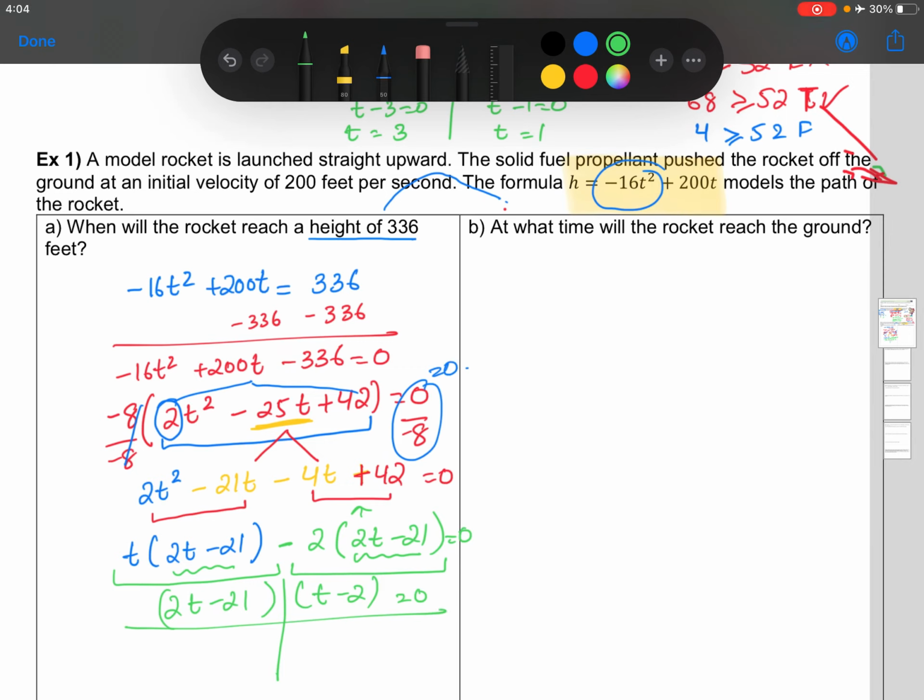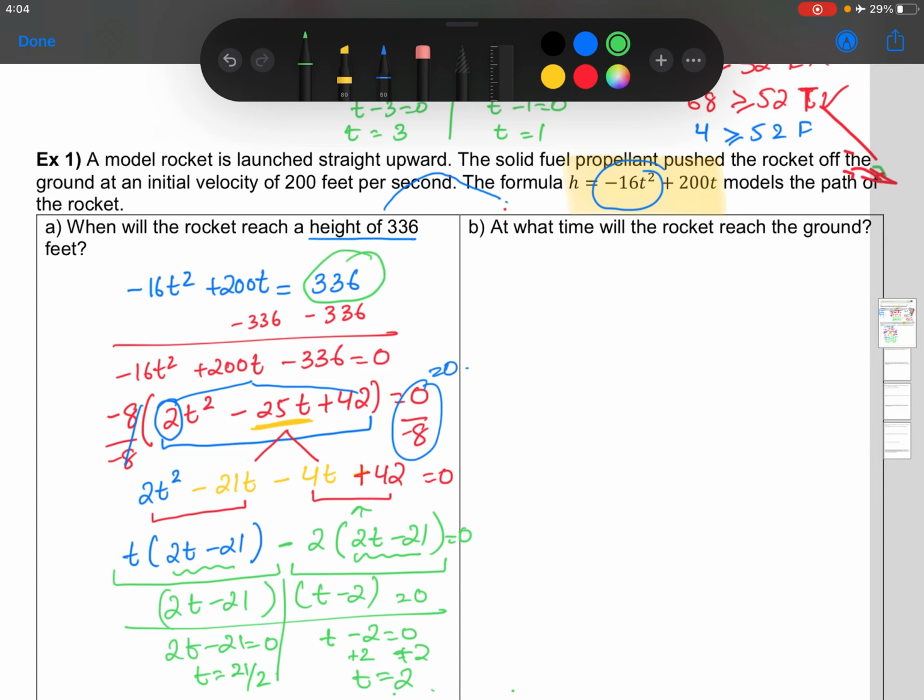Now make a t chart. 2t minus 21 is equal to 0. So t will be what? 21 over 2. I added 21 and divided by 2. Same thing, t minus 2 equals 0. Add 2, and I have t equals 2. So you have 2 times when the height would be 336.